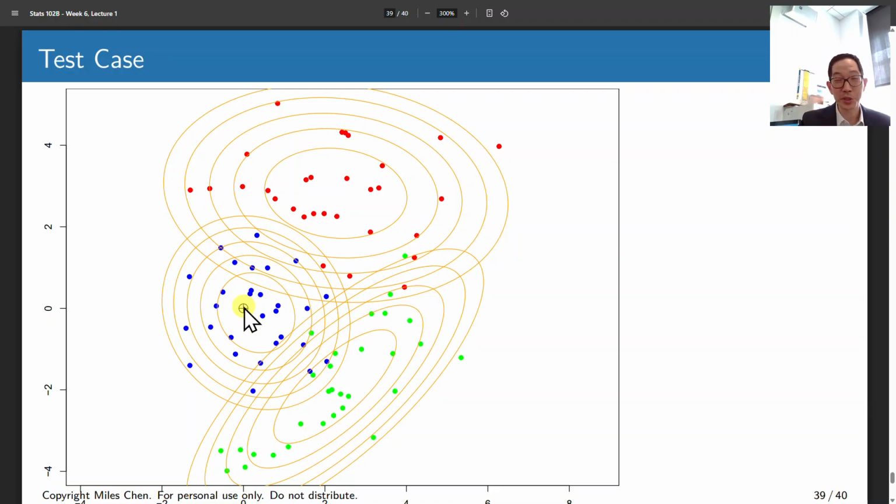And the answer is yes. We're going to use the Bayes classifier to calculate the probability that this observation belongs to class B if its x1 value is 0 and its x2 value is 0. Then we'll also calculate the probability that it comes from class A in red, and the probability that it comes from class C in green.